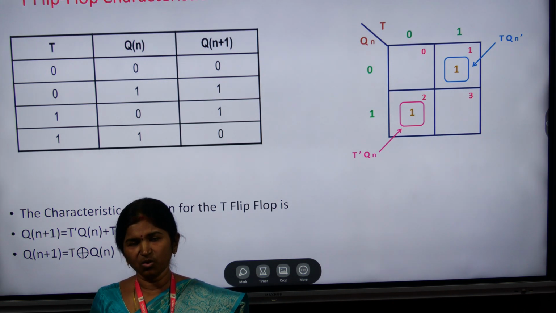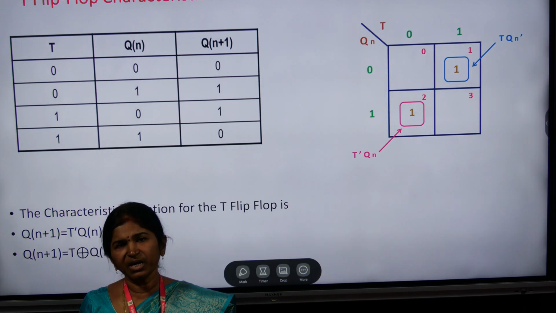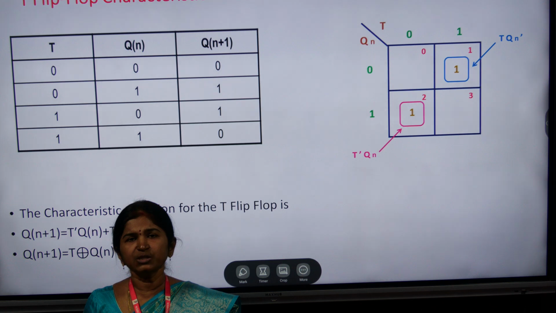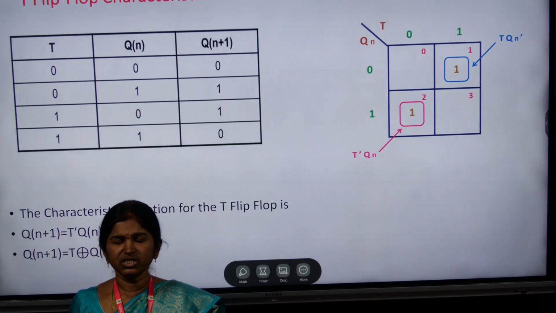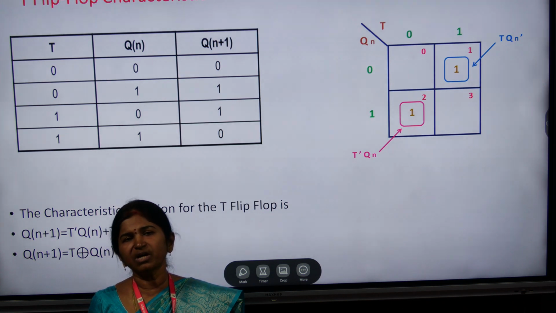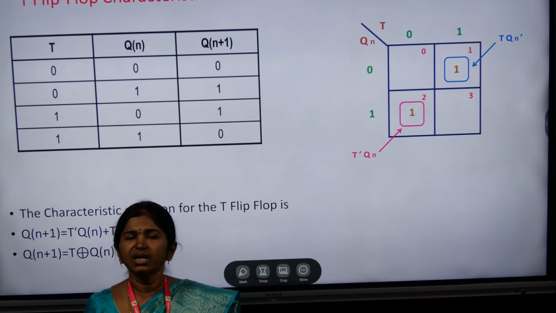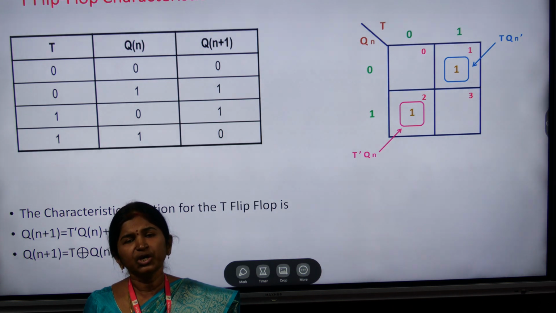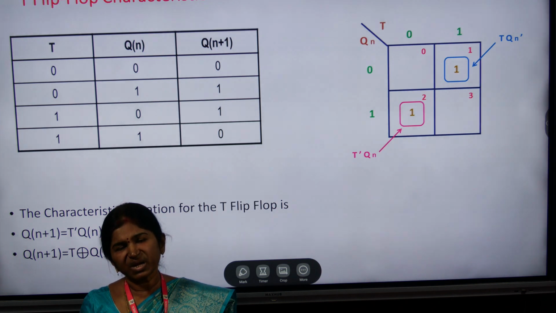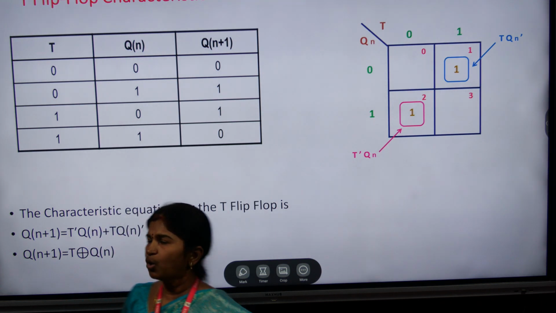When I am giving the input as 0 to the T flip-flop, in the output state I am getting the value as Q(t), that is, the present state value is continued in the next state. Next, when I am giving the value as 1 to the T flip-flop, then the toggle condition will occur, that is, Q of t plus 1 is equal to Q bar t, that is, the present state value is inverted and shown in the output.